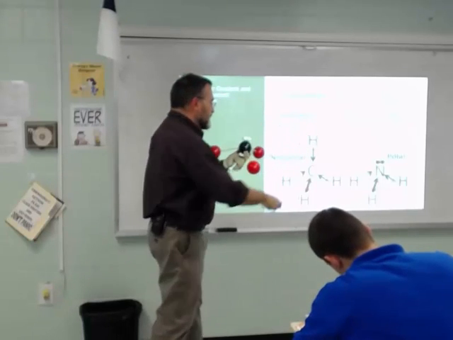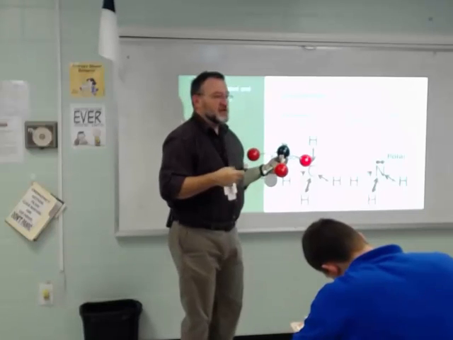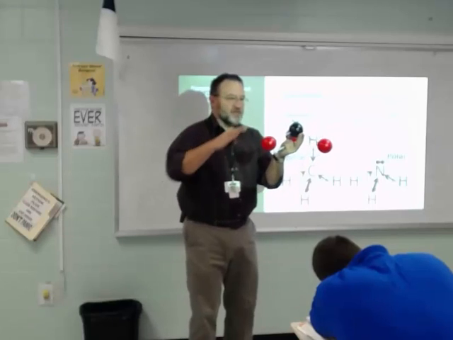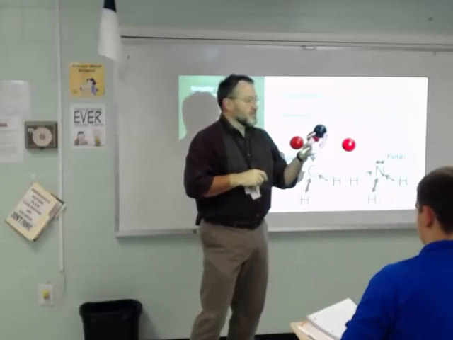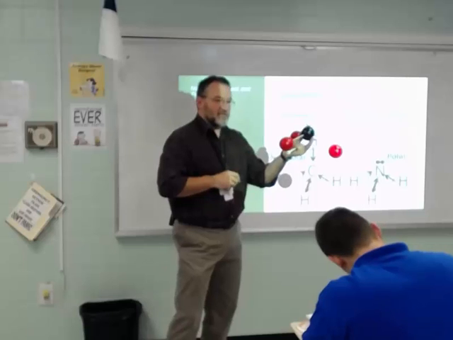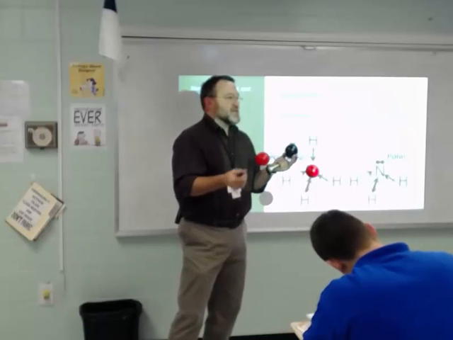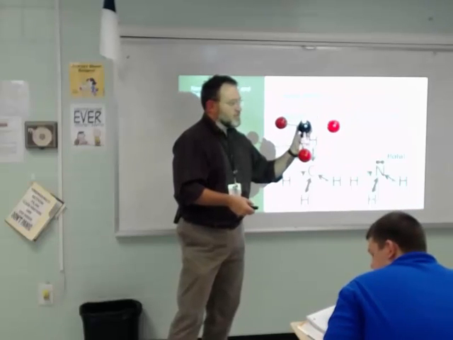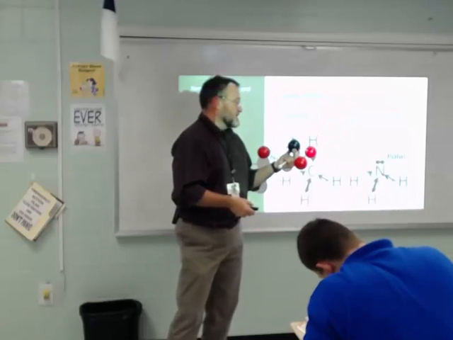And so even though those bonds have a polarity that are all equal in strength, as I look at the total molecule, I don't have a perfectly balanced molecule. And so this molecule would have a net positive side or a net negative side. And so the molecule as a whole would be polar.